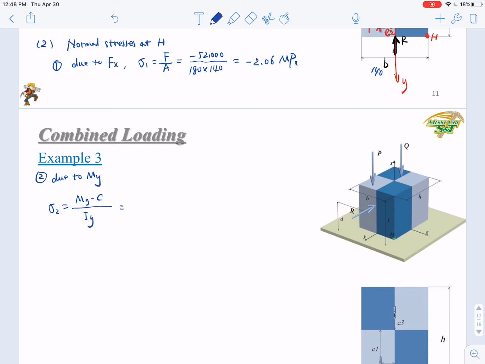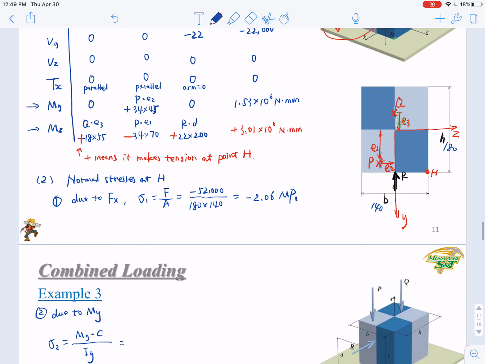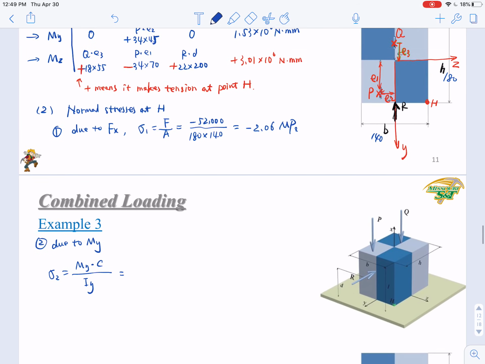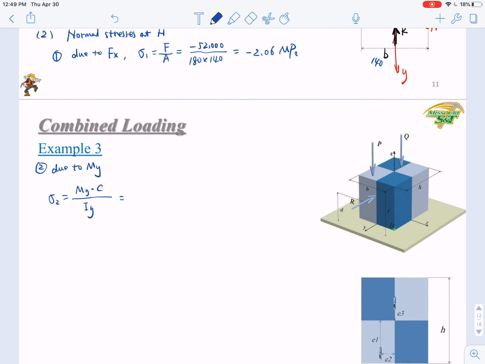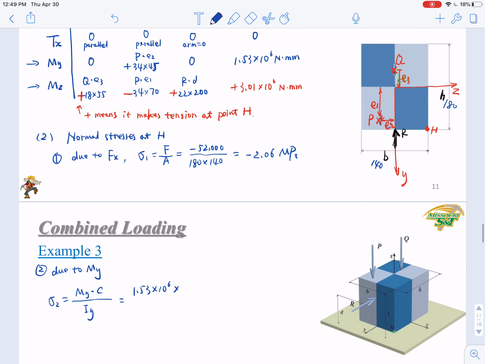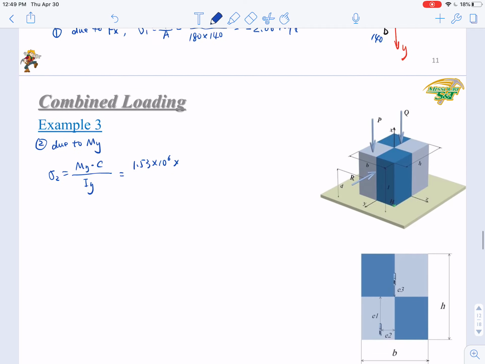The My has been determined, it is 1.53 million, times the C. The C at point H will be half B, right? The B is 140, so half B will be 140 over 2, over Iy.